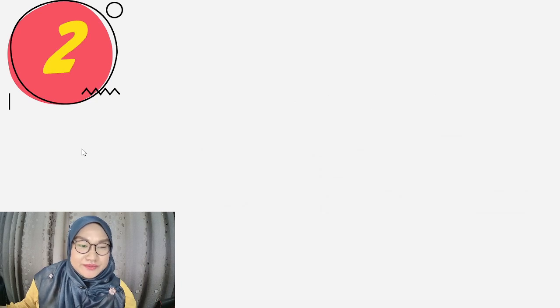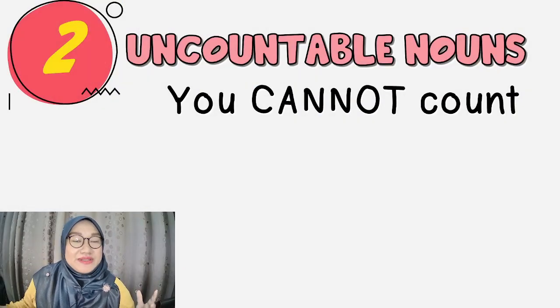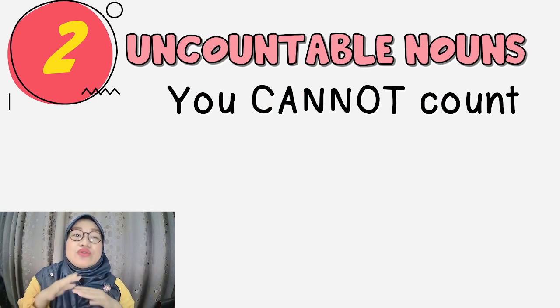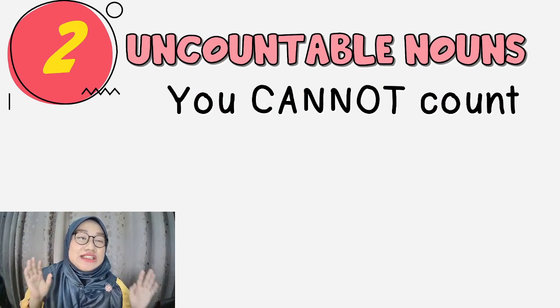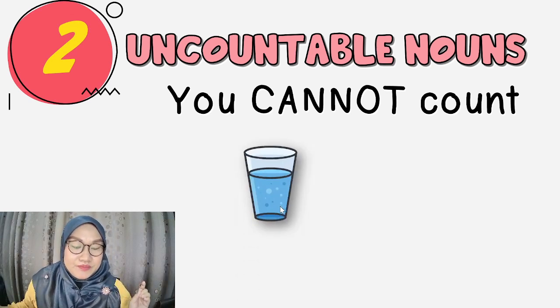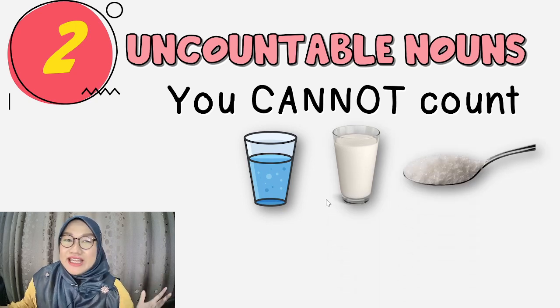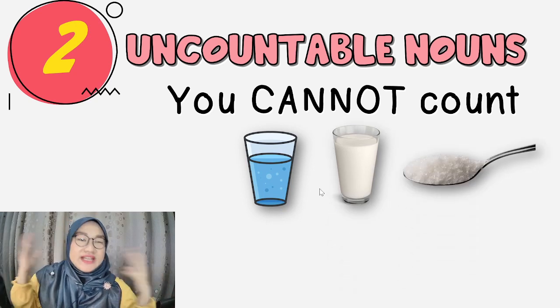Alright, moving on. The second type of noun is, of course, the opposite of the first one. Uncountable nouns are nouns or things that you cannot count. Tidak boleh dikira. For example, water, milk, and sugar, and of course banyak lagi.